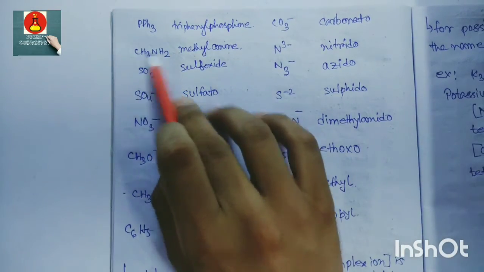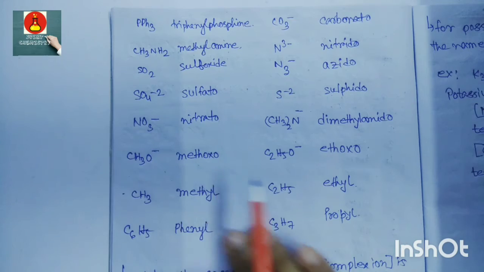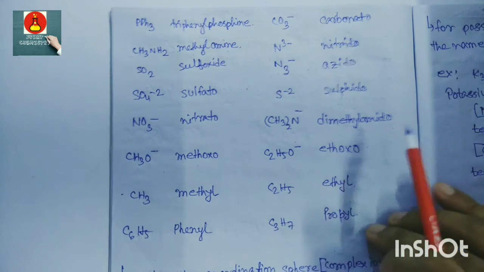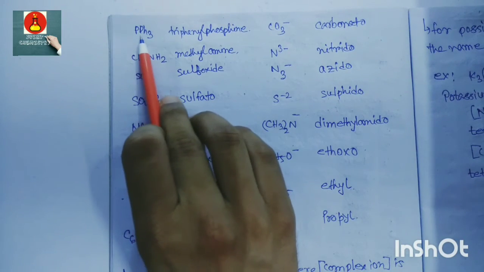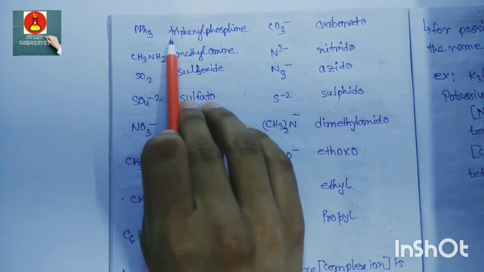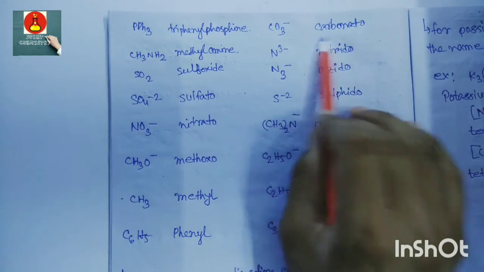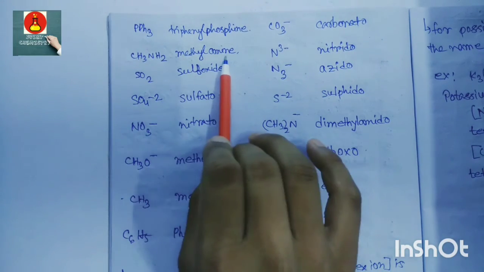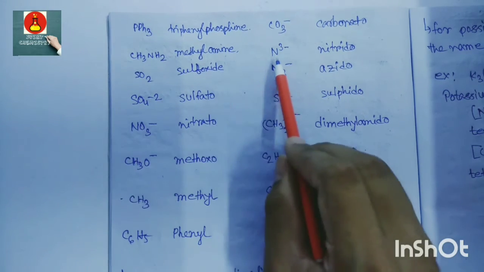So these are some names of the ligands, and these are examples of the ligands and the names used in IUPAC naming. PPh3 is named triphenylphosphine. CO3 2- is carbonato. CH3NH2 is methylamine. SO2 is sulfoxide.